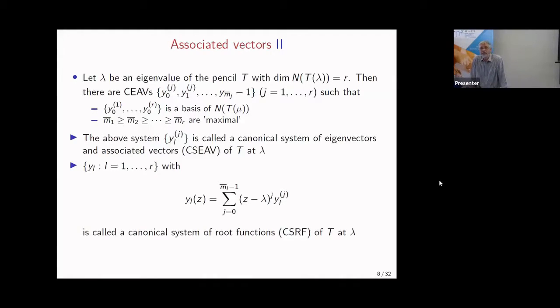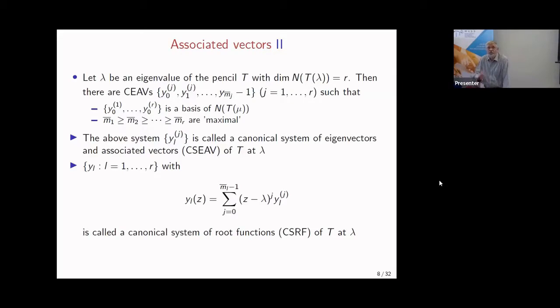That is, we have a basis y01 to y0s of the null space of T of lambda, and then we have the corresponding multiplicities of x01 to x0r, and we require that these multiplicities are ordered, m1 bar is greater than m2 bar, and so on, and they are maximal, so that m1 bar is the largest multiplicity, m2 bar is the largest multiplicity of all eigenvectors which are independent of x01, and so on and so on.